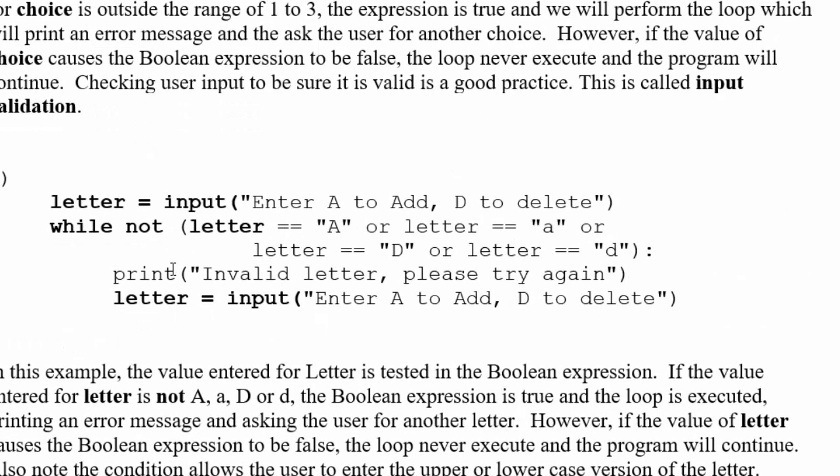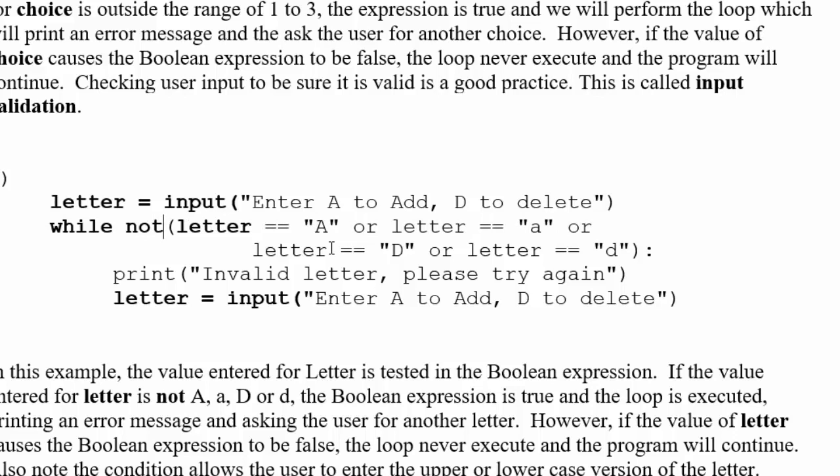In this second example, I'm asking the user to put in a letter. So I want the user to put in A or D, A for add, D for delete. I have the user put the value in a variable called letter. And then again, let's forget about this not right here. My condition is if the value is an A or a lowercase a or a D or a lowercase d, this is exactly what I want.